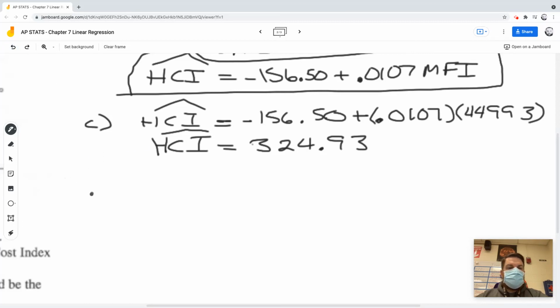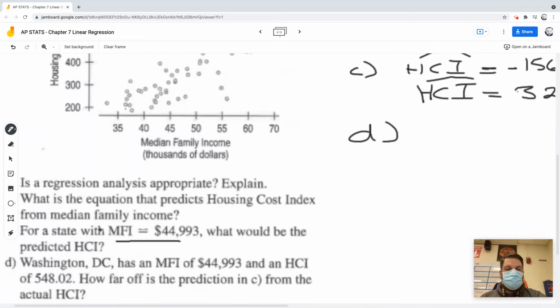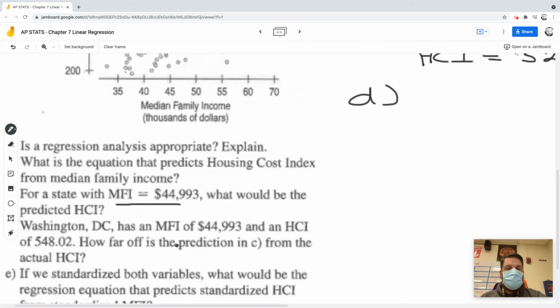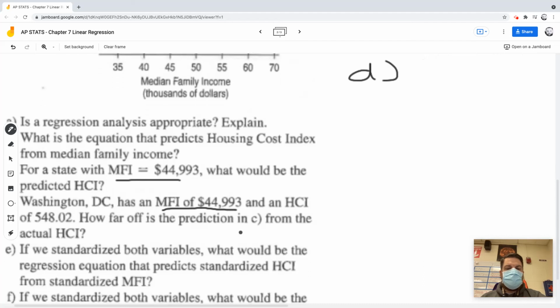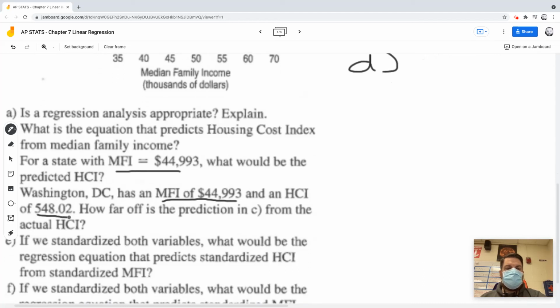For part D, I bet they want us to make some sort of comparison. It says Washington, D.C. has a median family income of this much and an HCI of this much. How far off from the prediction in part C is the actual HCI?